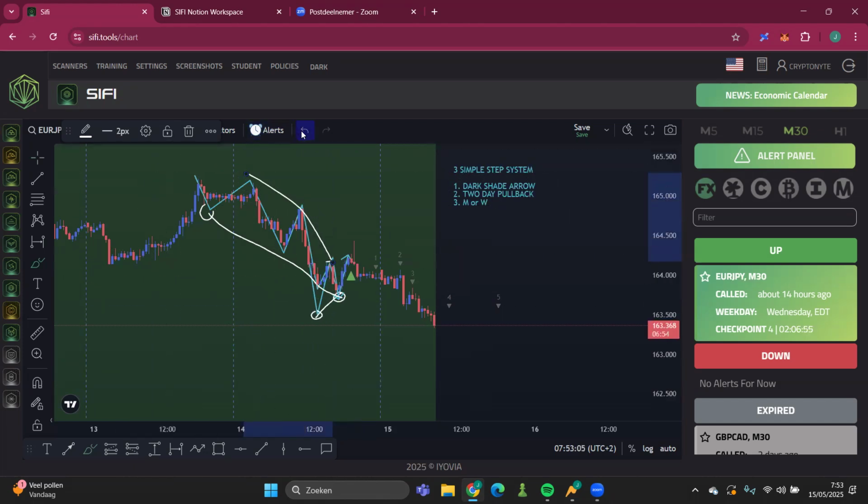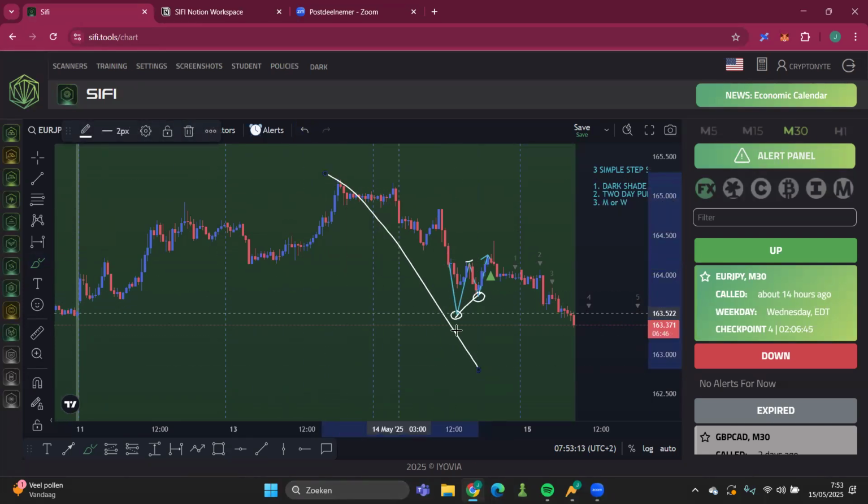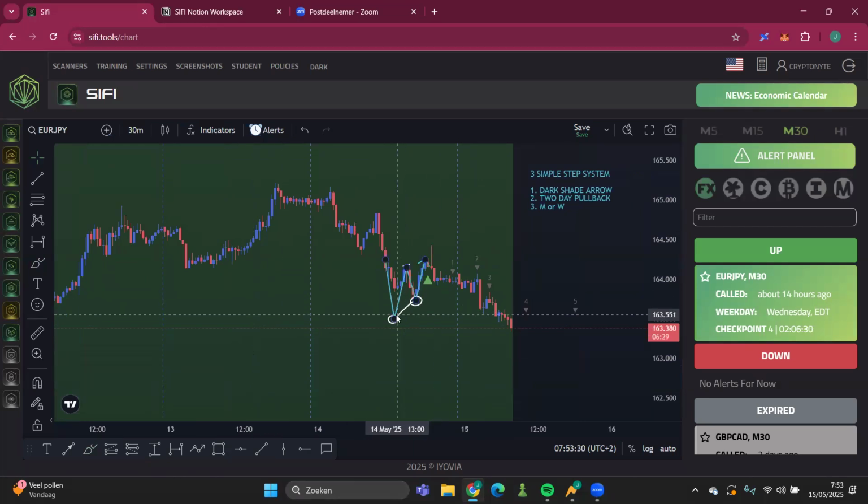If you only see lower lows and lower highs, that's good, because then we see that the price is pulling back. But we want to make sure that we have a confirmation for price to go up again. And that's what we can see when we have that formation of structure.